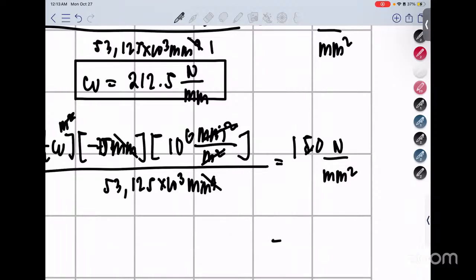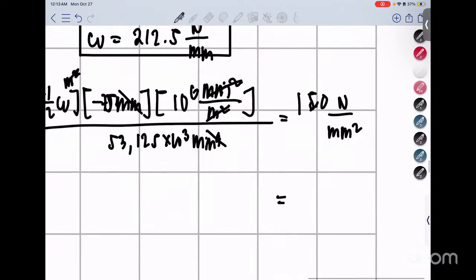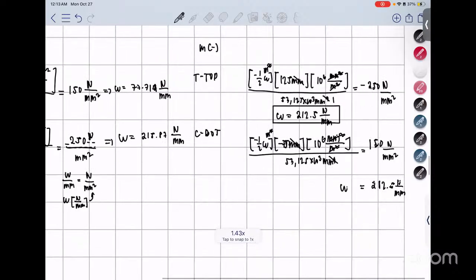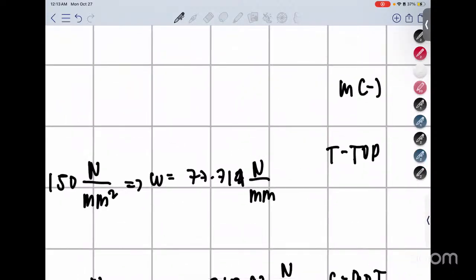Yeah, same thing ulit. And then just plug that in. You get omega equals 212.5 newtons over millimeters. So, same thing, pipili tayo which one is more limiting. As you can see, mas mababa yung 77.714.